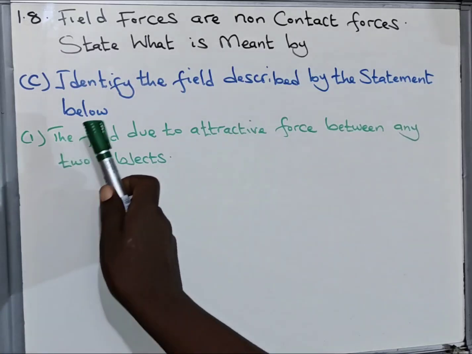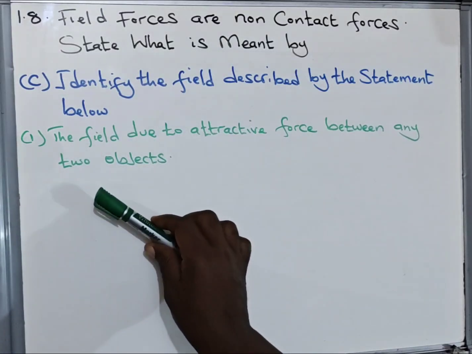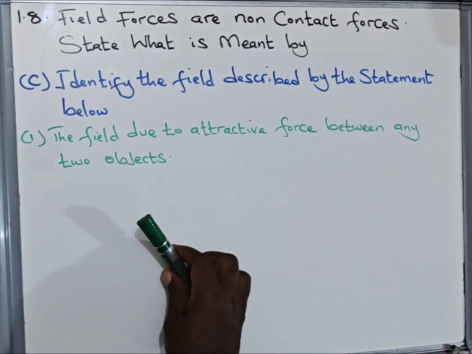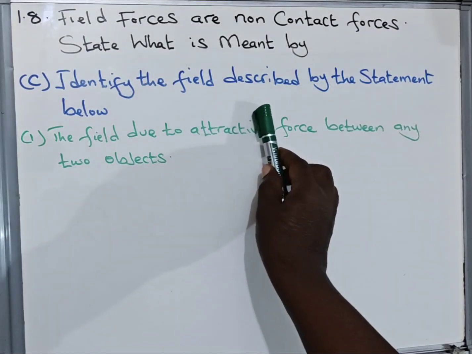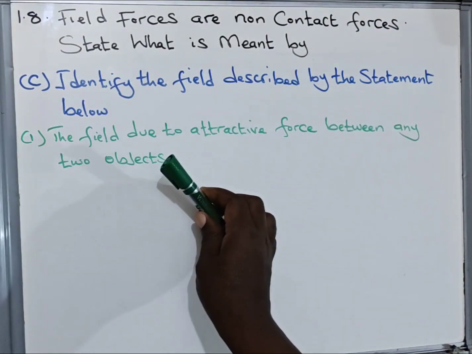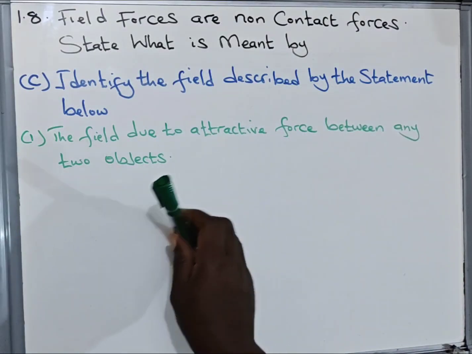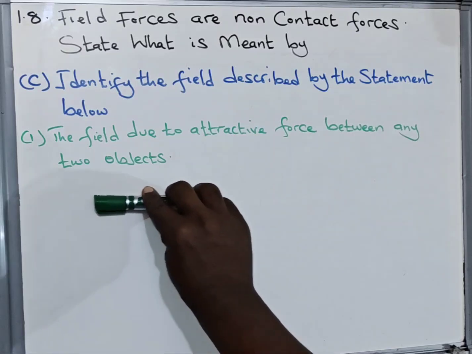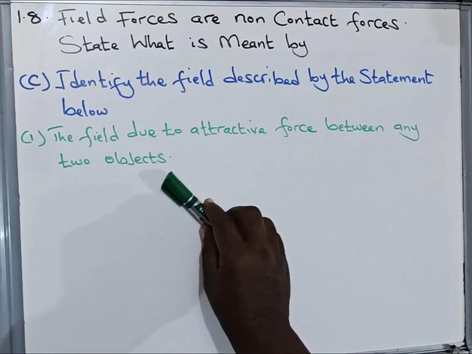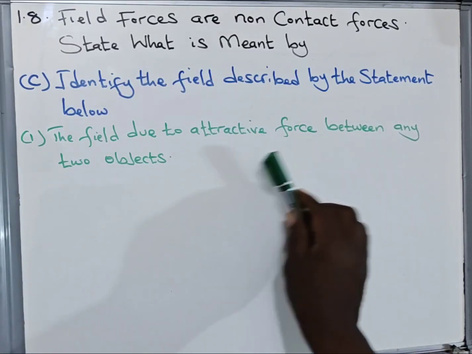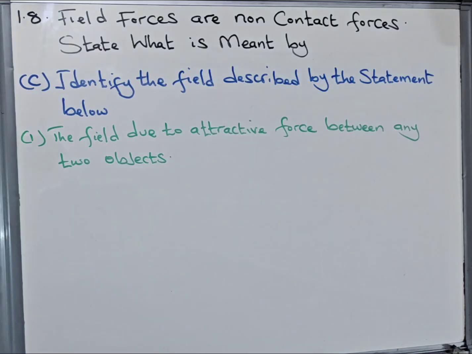Then we come to this question. It says, identify the field described by the statement below. And the first one says, the field due to attractive forces between any 2 objects.